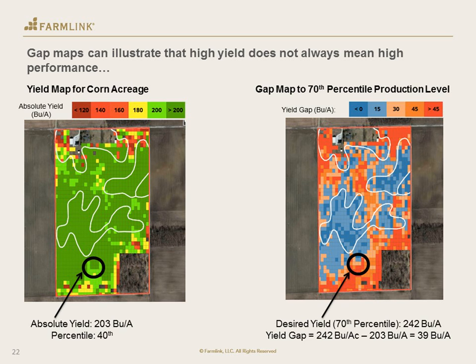By bumping the performance to the 70th percentile, which is a manageable bump, the farmer could realize a yield increase of almost 40 bushels per acre. The farmer in this case might determine a different yield goal for this area. Together with his agronomist, he may employ a prescriptive practice for this area of the field, therefore addressing the area of opportunity with a goal to increase his percentile performance.